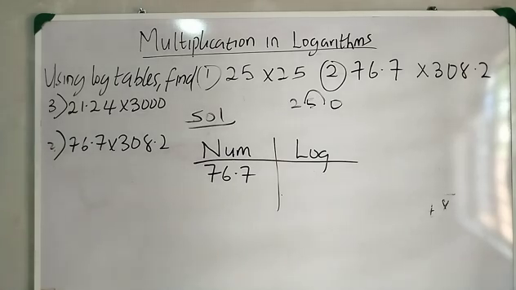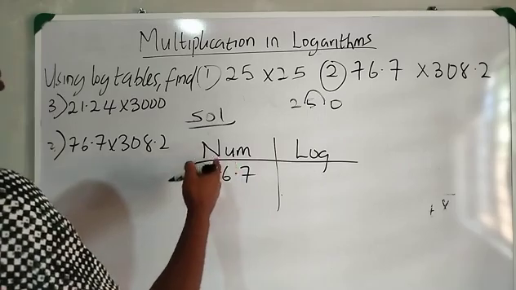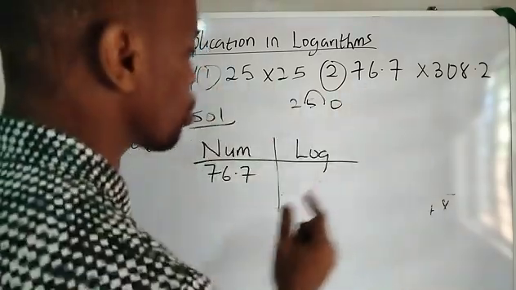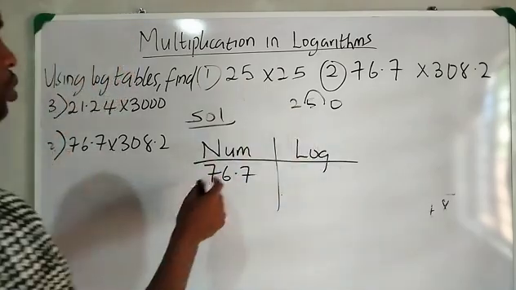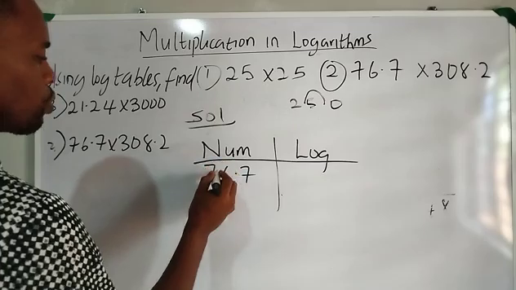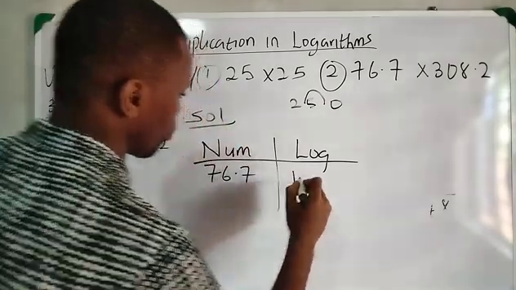How do you find the logarithm of 76.7? To get the first part of the answer, you move this decimal point to the correct position. The correct position is always in between the first 2 digits. That is where it should be. So if you move these digits to the correct position here, how many times did I need to move to get there? Once. So that is 1 point.